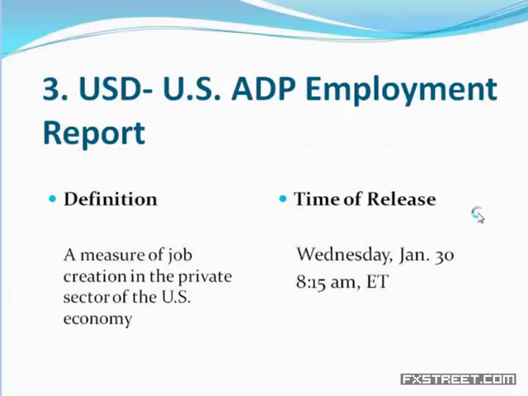The ADP non-farm employment change is expected to show the private sector creating a little bit fewer jobs than in November. In November, we saw 215,000 jobs created by the private sector. In December, we could see 164,000 jobs, which is the consensus forecast.